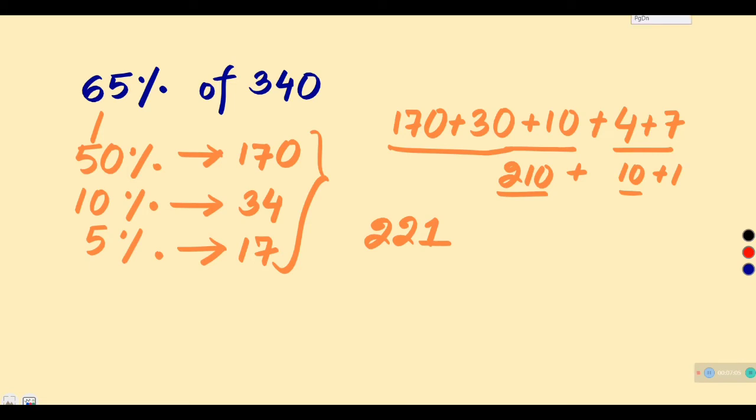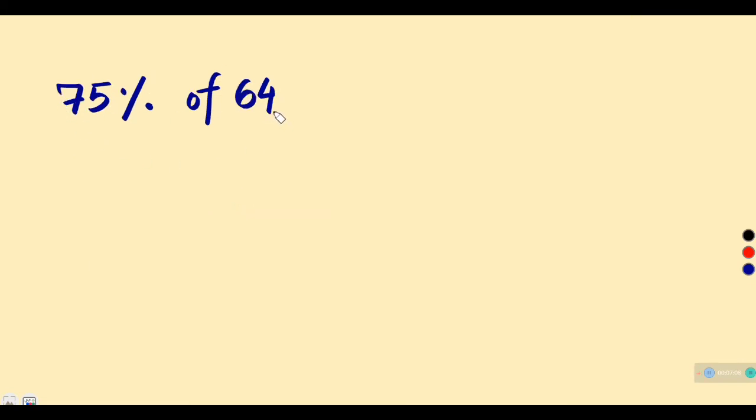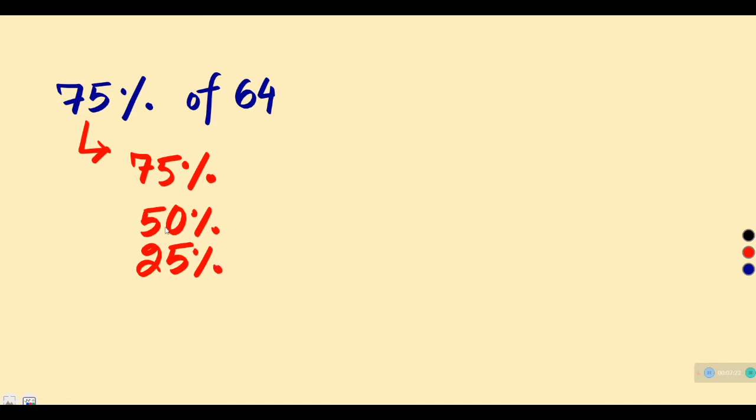Now moving on to the next. 75% of 64. For calculating 75%, you need 50% and 25%. Do you know how to find 50% of a number? Yes, we can divide it by 2. 50% of 64 is just half of 64, and half of 64 is 32, right?